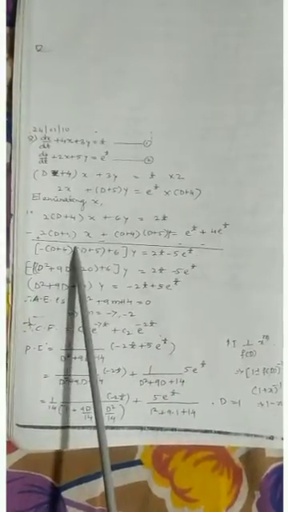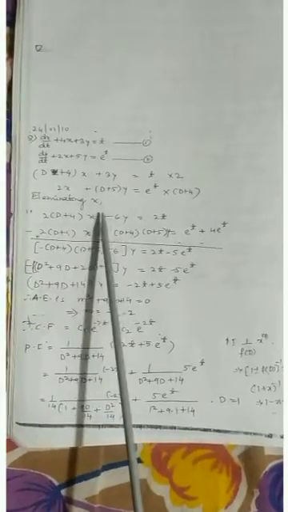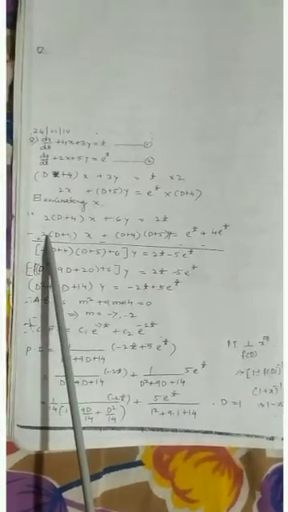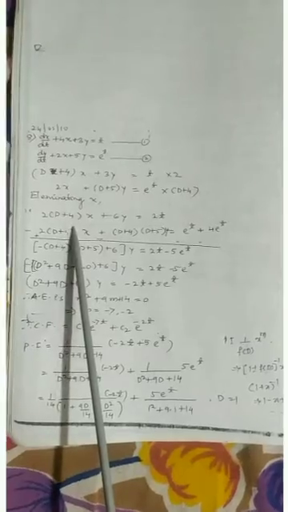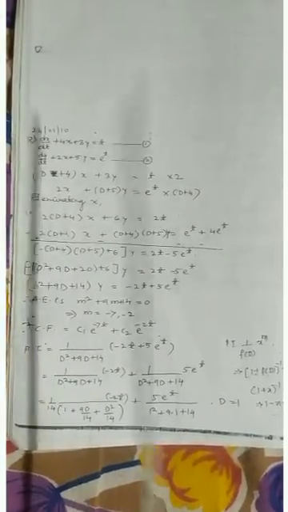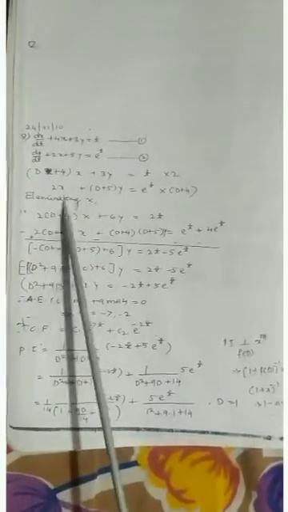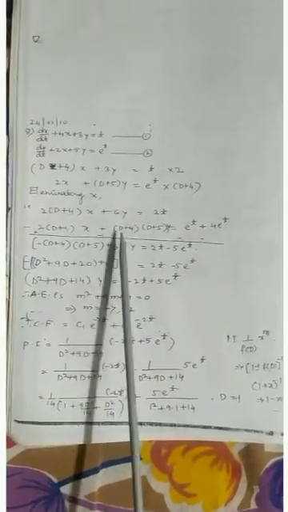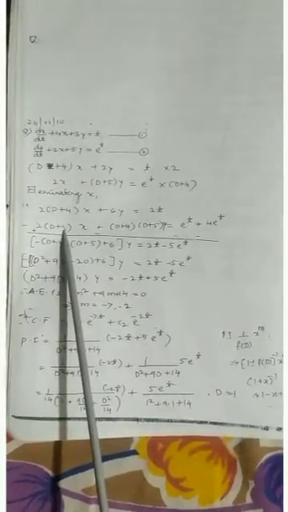Here, the coefficients of x and y both have plus signs, that's why I am subtracting the two equations to eliminate one of the variables. Here I am eliminating the x variable. Both x terms get cancelled.